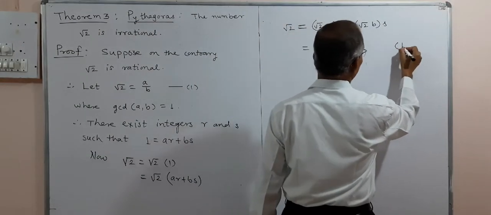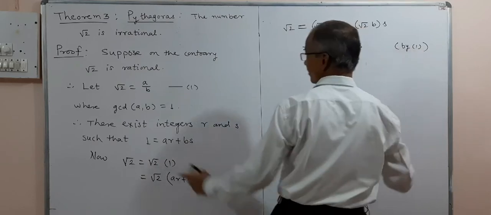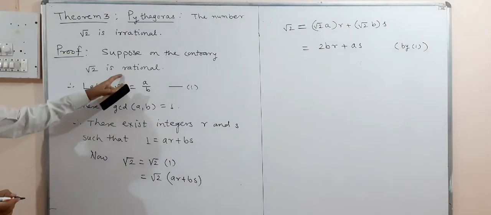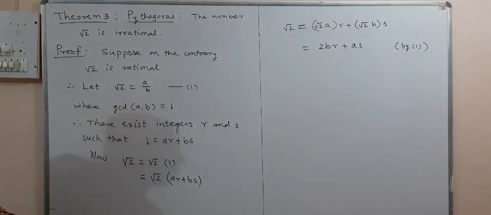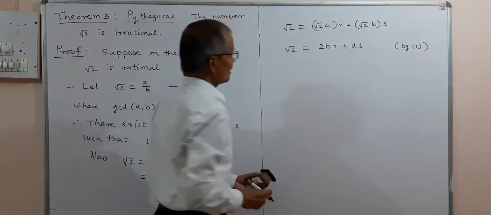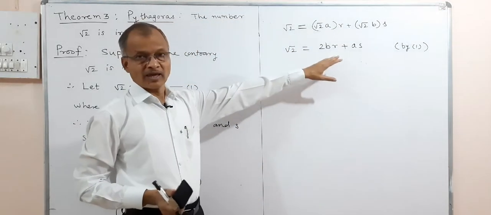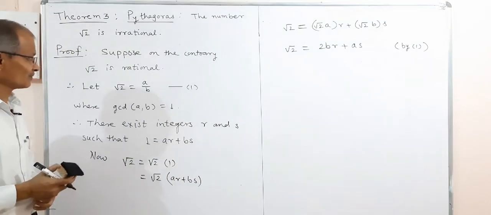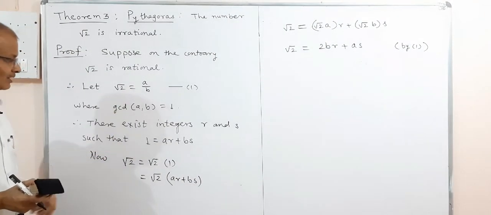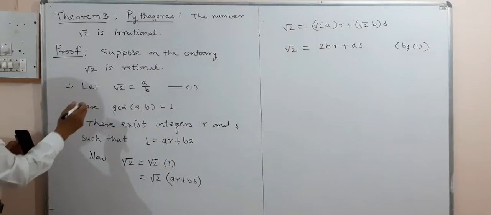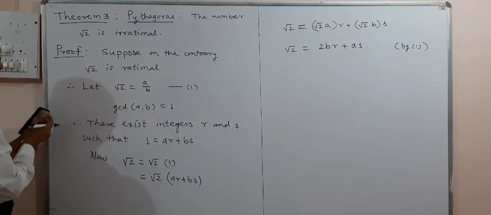Here we have used the first relation, root 2 is equal to A by B. We have assumed it. Rational means it has this form. And now what does this say? The RHS of this, A, B and R, S are integers. Here these are integers, and R and S are integers, where A and B are integers.